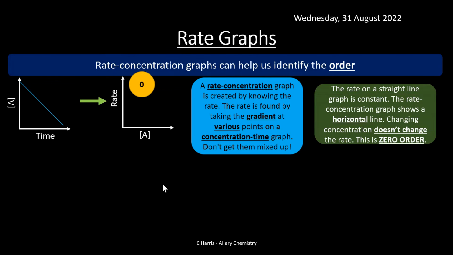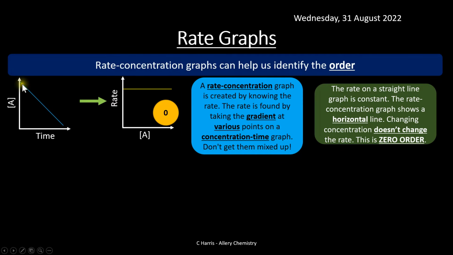So let's have a look. On a straight line graph the rate is constant. The rate concentration graph shows a horizontal line, and changing the concentration doesn't change the rate, so this is zero order. Here we've got a concentration time graph, which is what you'd probably plot directly from experiment. As time goes on, the concentration is decreasing.